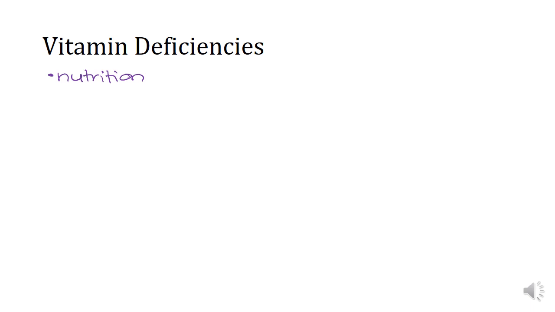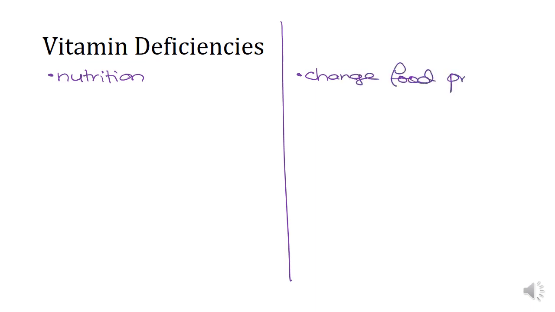So vitamin deficiencies are generally caused by poor nutrition. Now, what can we do to fix it? We could change food prices. We could give supplement tablets.